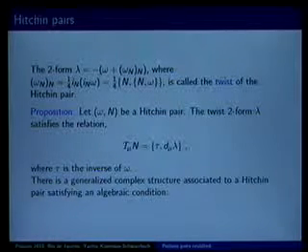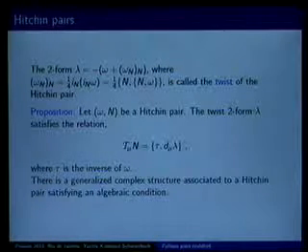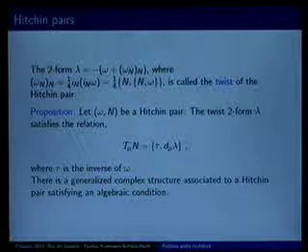Hitchin pairs have a distinguished element, which is called the twist, which is defined up there. And there is a nice formula that relates the twist to the torsion of the associated 1-1 tensor N defining the Hitchin pair. And that's given by this formula, where tau is now the inverse of the two-form omega.